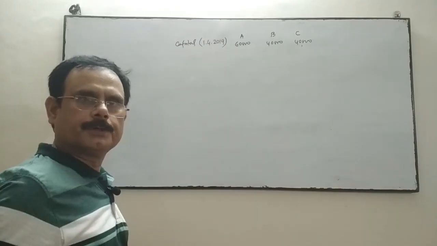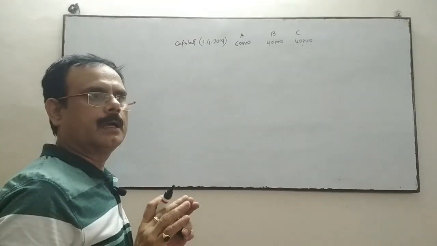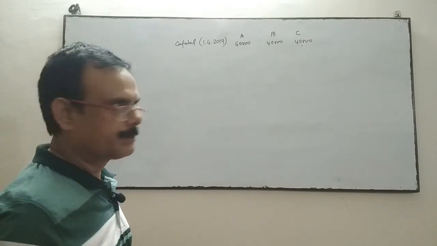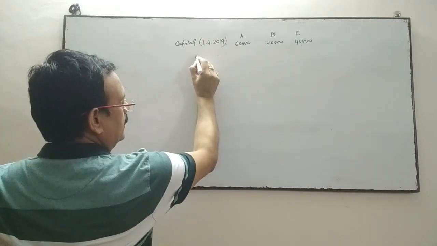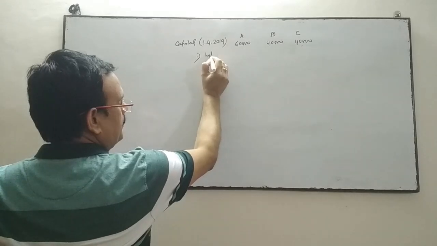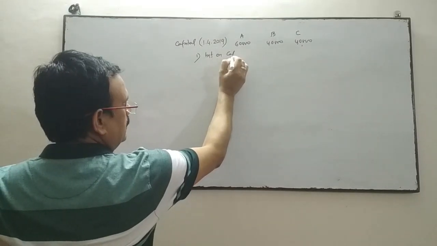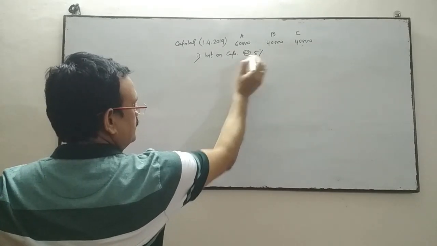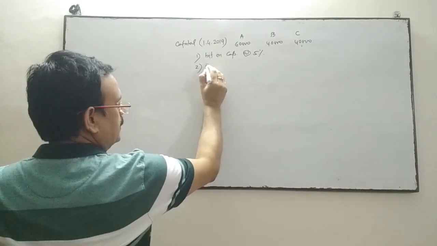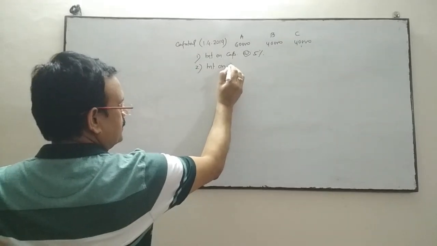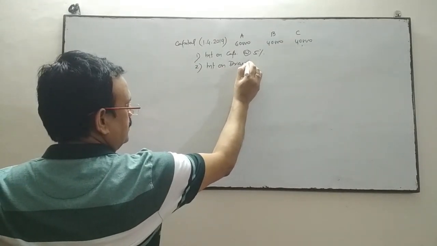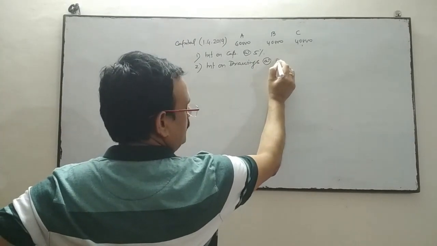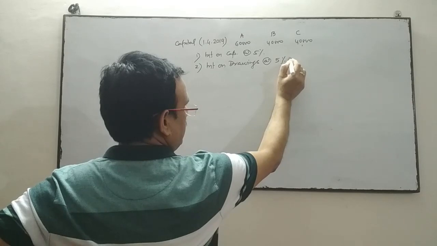The accountant of the firm has not recorded or done the treatment of the following. Number 1, interest on capital at the rate of 5%. Second, interest on drawings at the rate of 5% per annum.